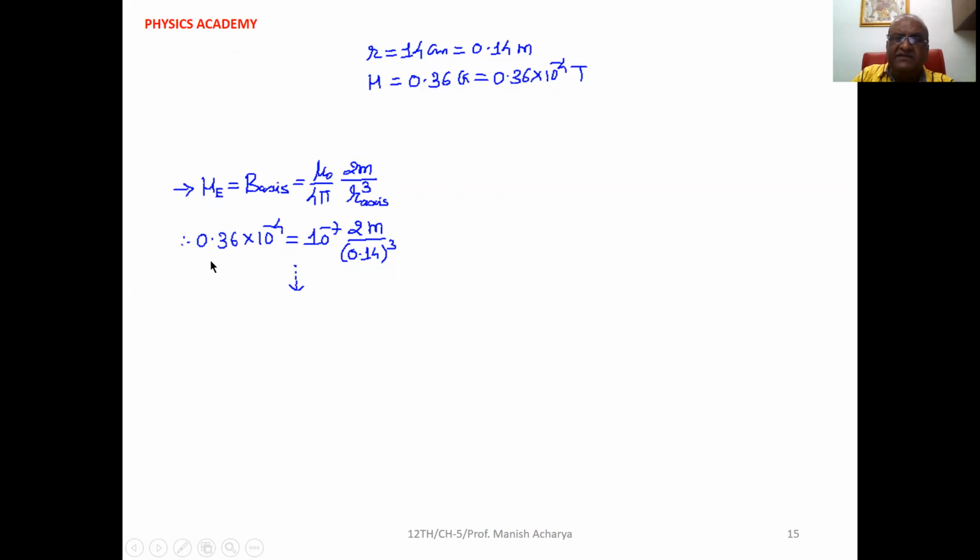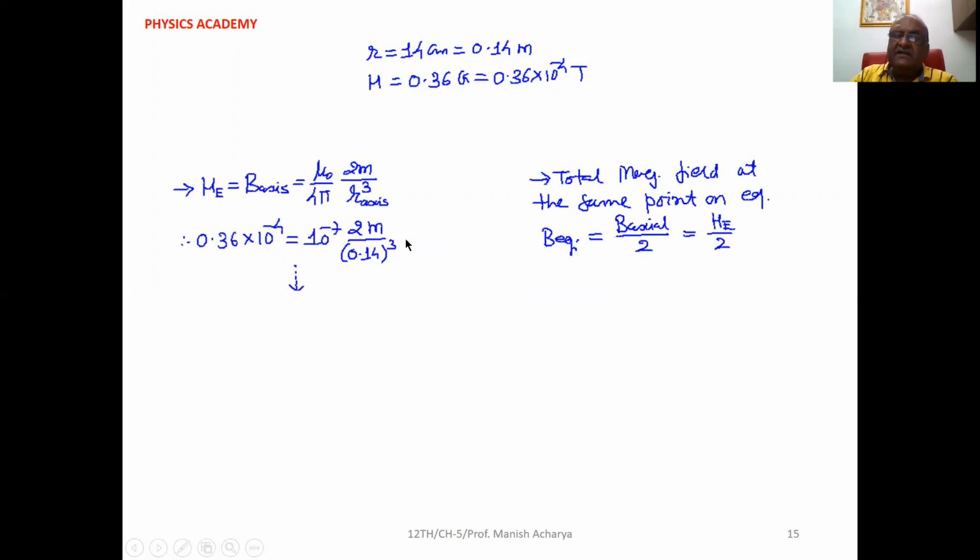Now 0.36 into 10 raised to minus 4 is equal to mu 0 upon 4 pi, that is 10 raised to minus 7, 2m upon 0.14 cube. Now solve this one, you will get m.